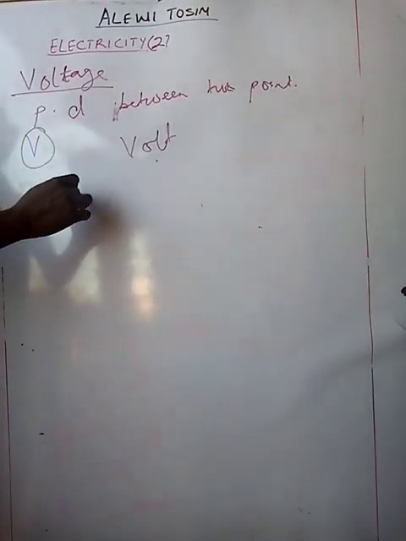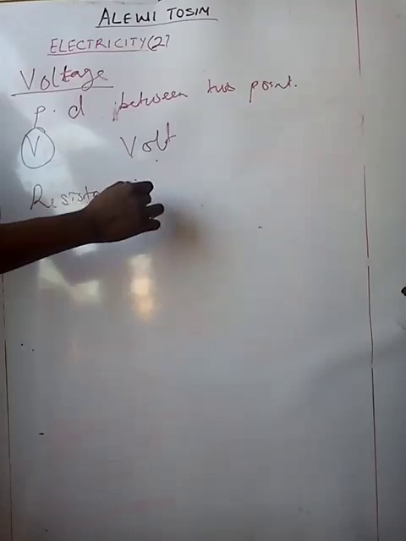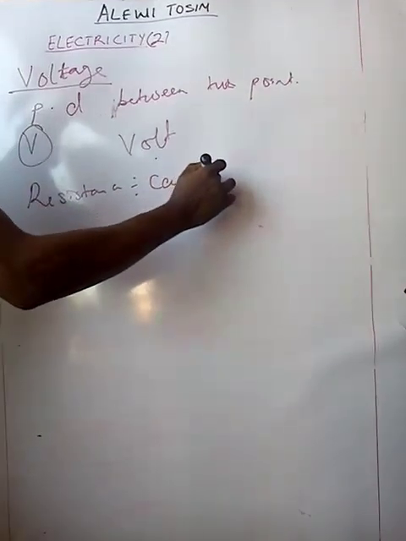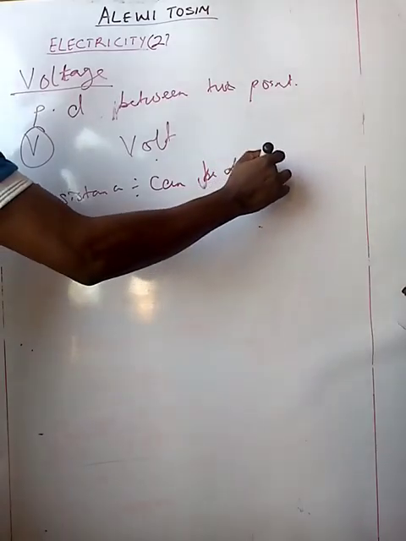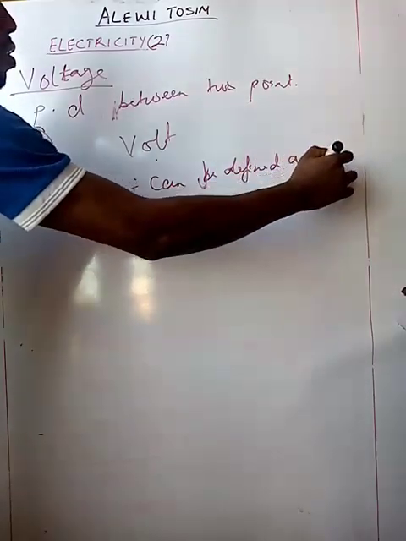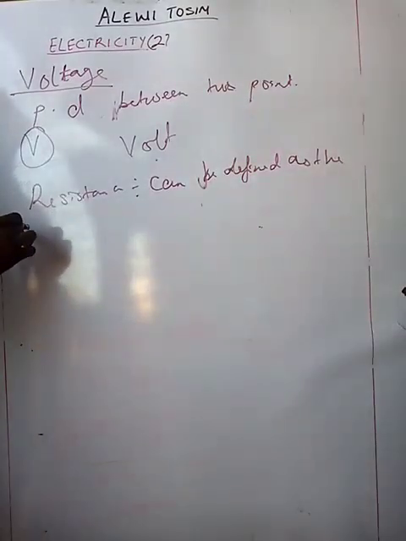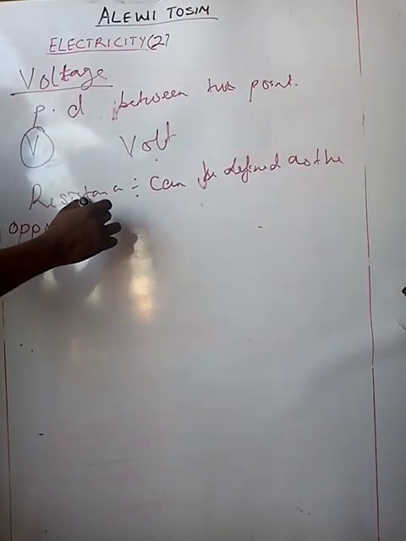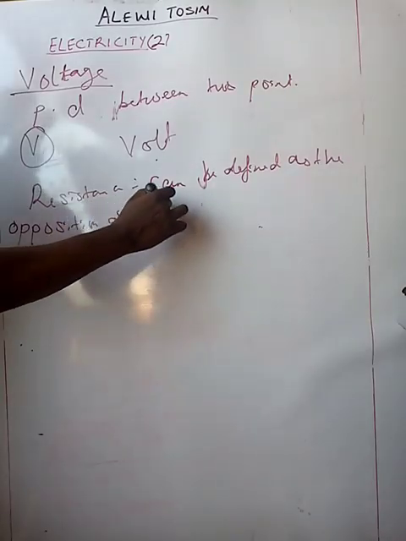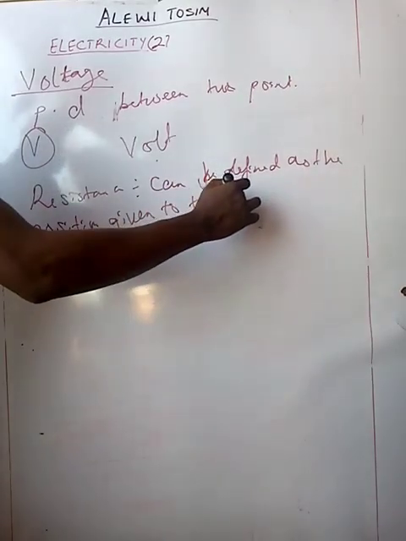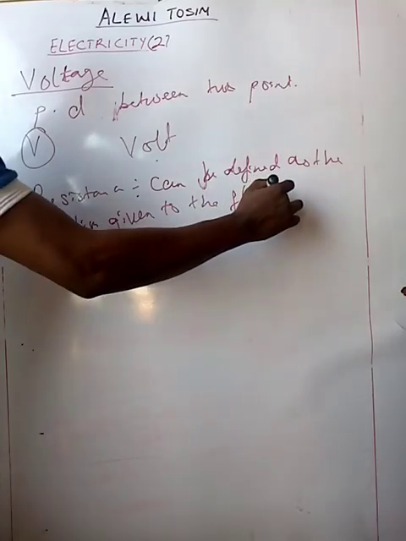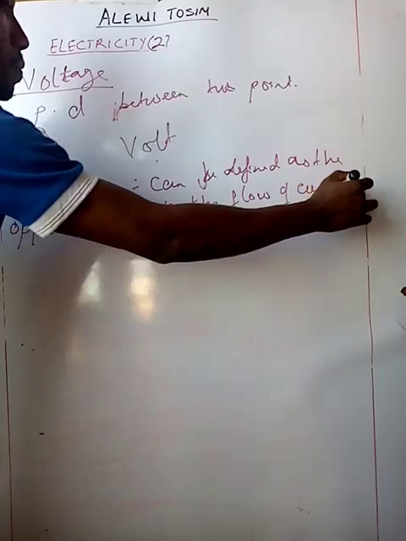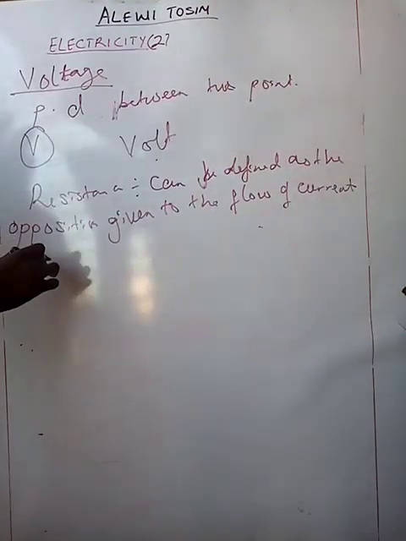Resistance can be defined as the opposition given to the flow of current in a circuit.